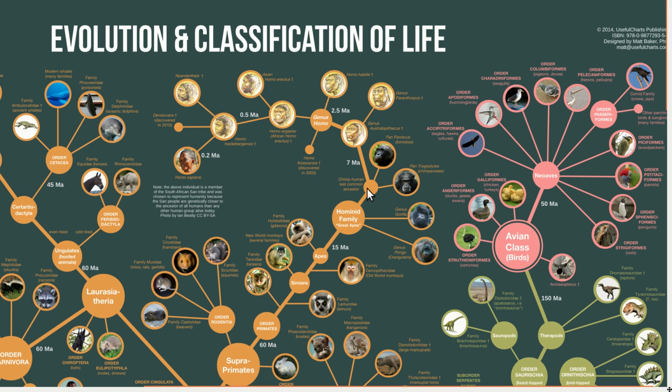And the last ancestor of both these species would have existed about 7 million years ago. But from there, we get all kinds of different types of early humans.